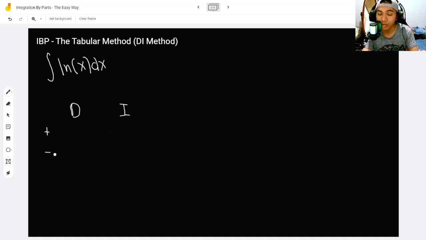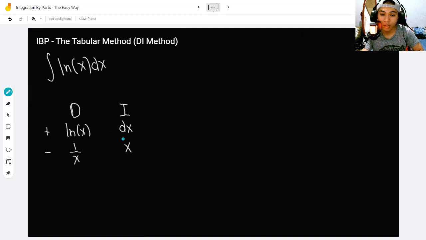I will explain that further on as we move on with more examples. So let us differentiate ln x, and we will integrate dx. The derivative of ln x is of course 1 over x, and the integral of dx is simply x. Now, how does this work?